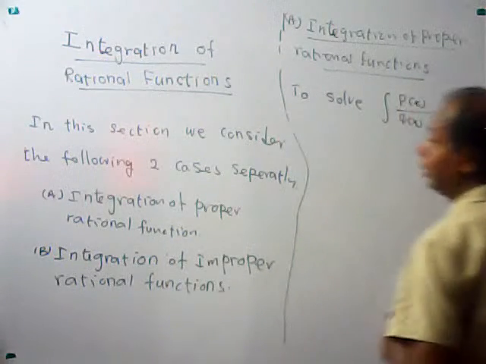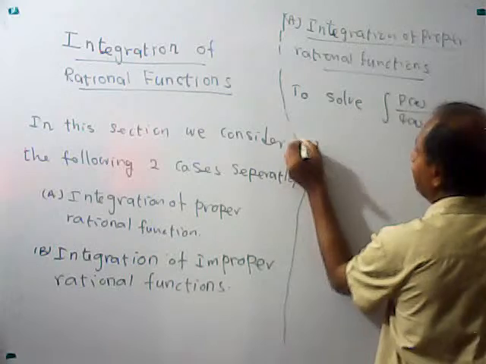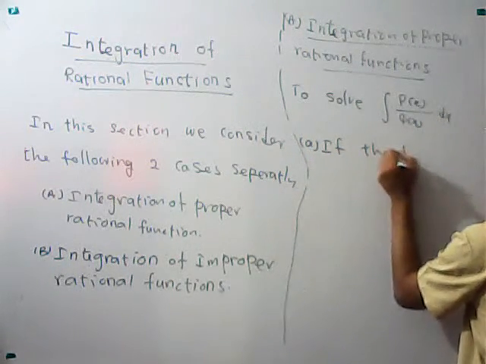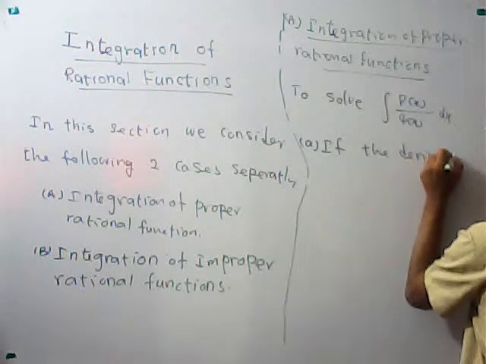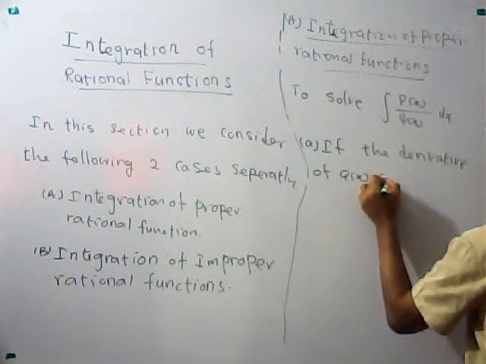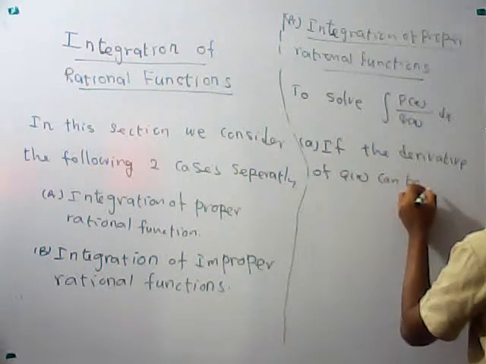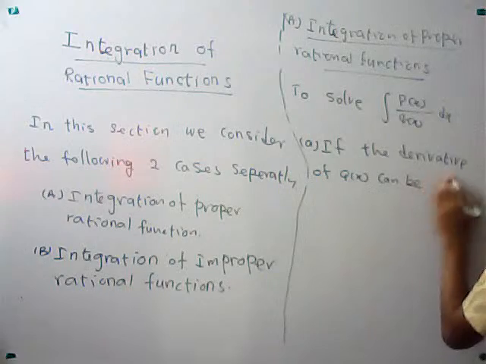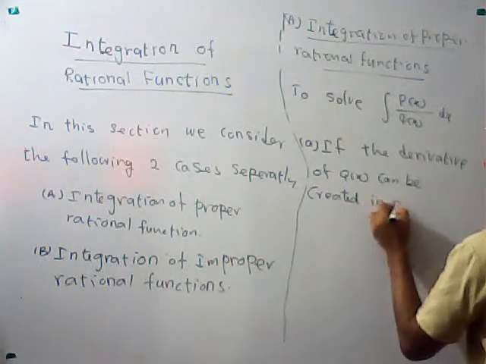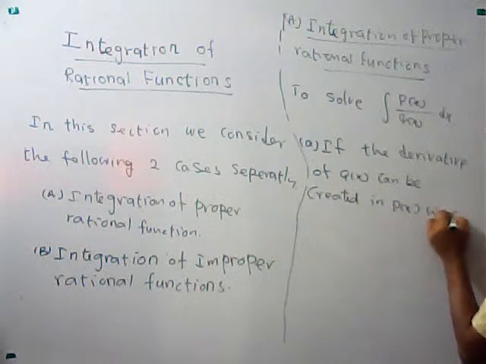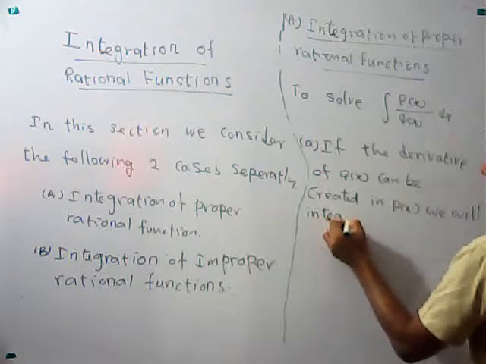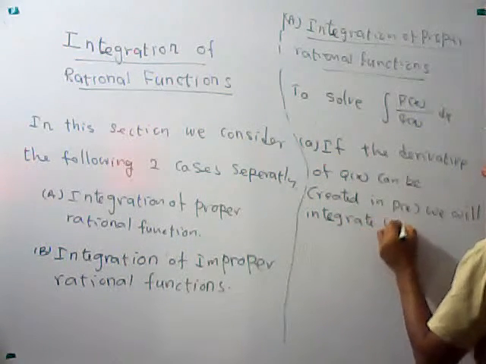Okay, so I will write it simply: if the derivative of qx can be created in the numerator, we will integrate using that.